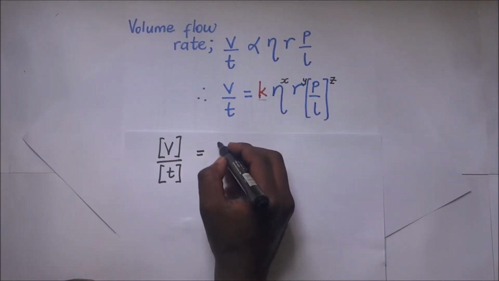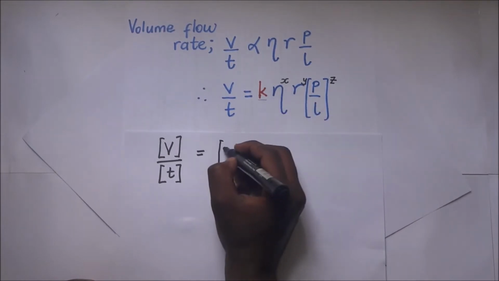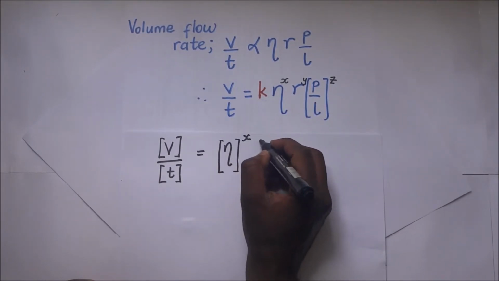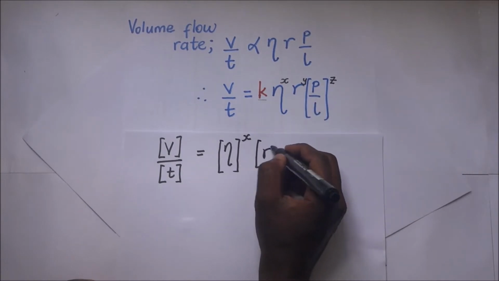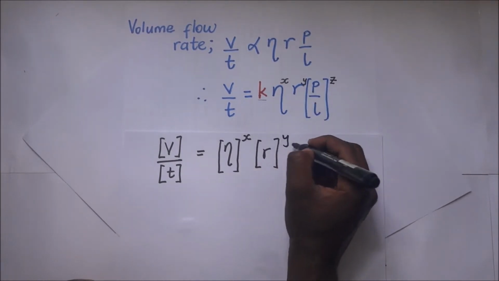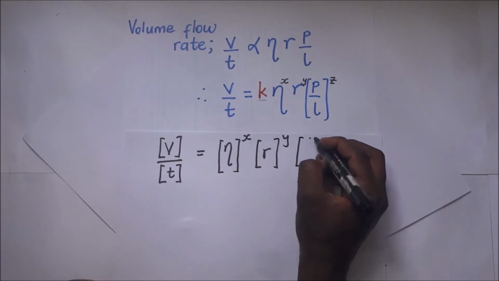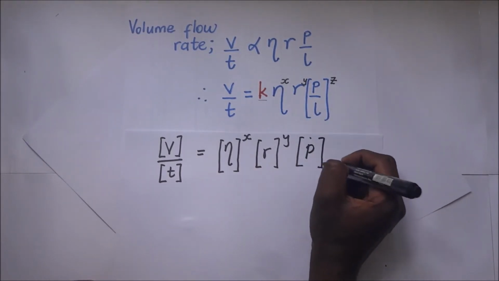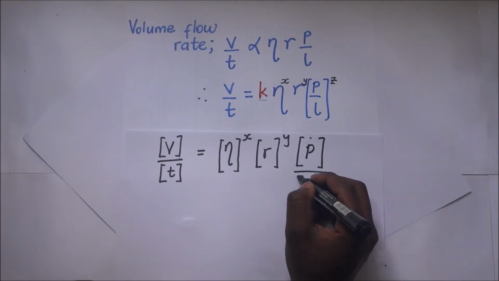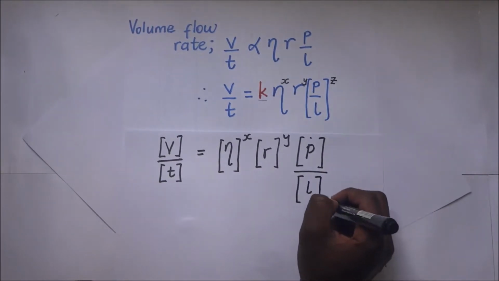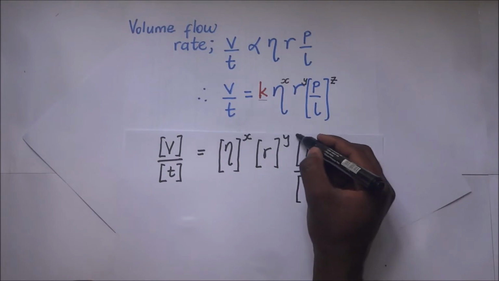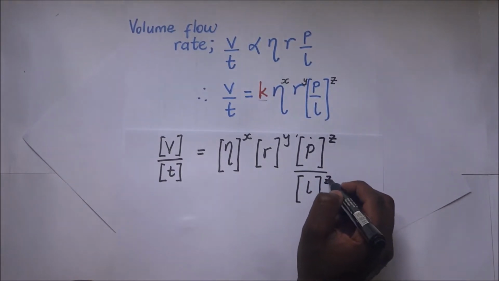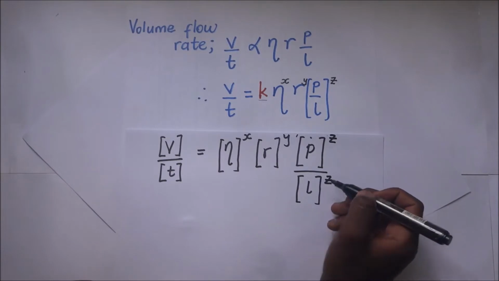Of course, this coefficient of viscosity to the power X has dimensions, times R to the power Y, multiplied by the dimensions of P, divided by the dimensions of L, which is the length, and this is all to the power Z. So we have the power Z up there and the power Z up there.